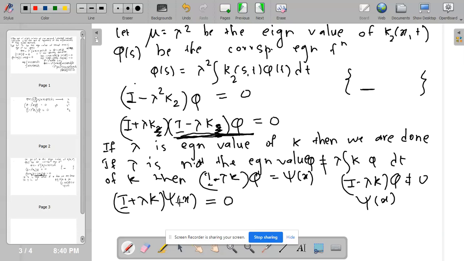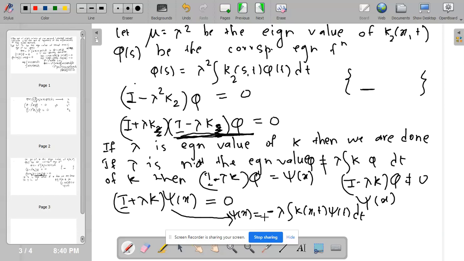First of all, xi of x is a non-zero function, which is a solution of the equation xi of x equal to minus lambda integral k(x, t) xi(t) dt.